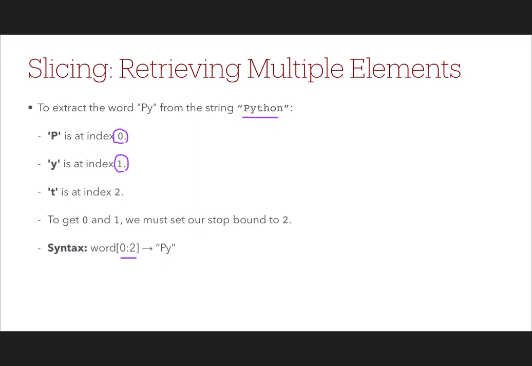So the range defined by 0:2 will represent only two index values, 0 and 1. If I call it with square brackets 0:2, then that will represent the first two letters, P and Y.